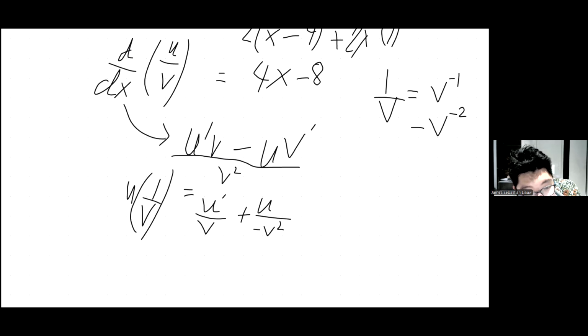And this is your u prime v, and then this is your, right? Or u prime over v plus u over, right, this is your v squared, right?